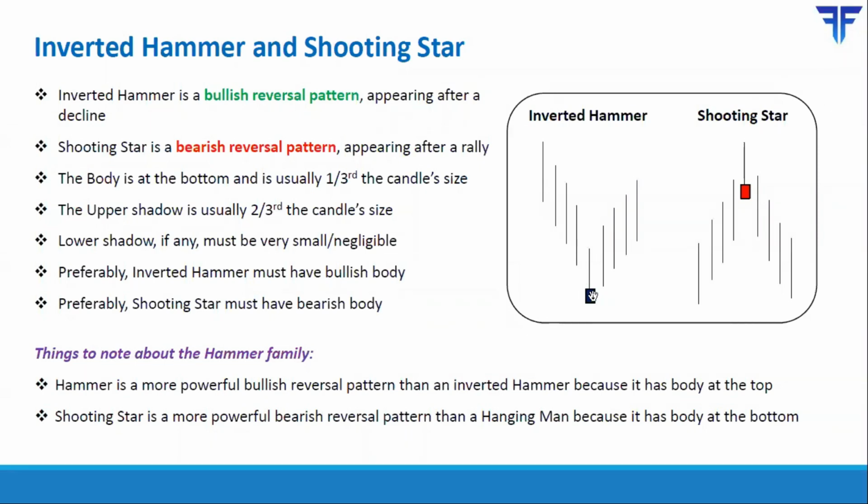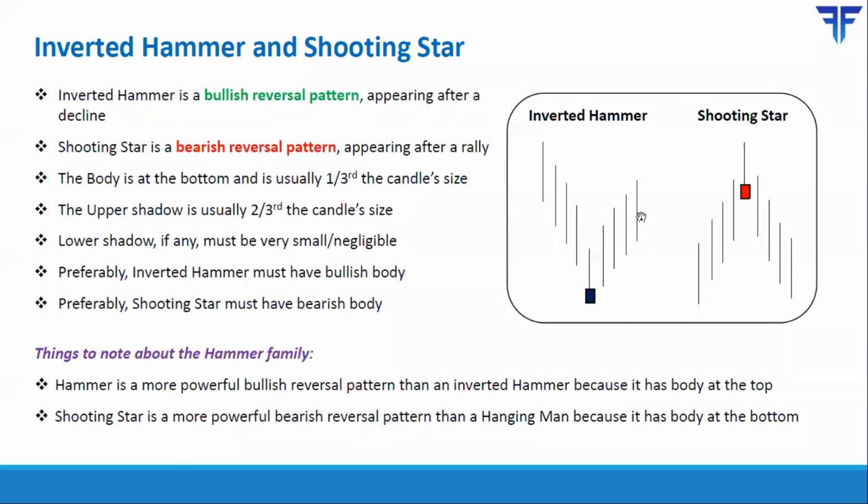So price opened with a gap down, but then there came a strong recovery. But then again, by the end of the trading session, price fell sharply to close just above the open. So again, as you can see, the real body is roughly one third the size of the entire candle, while the upper shadow is two-thirds the size of the entire candle.